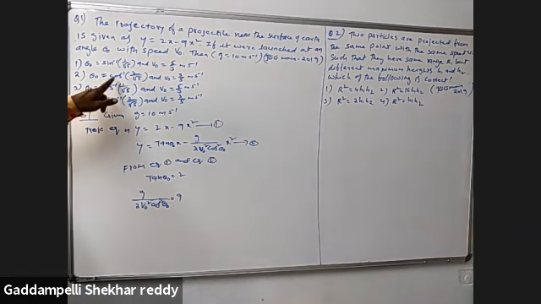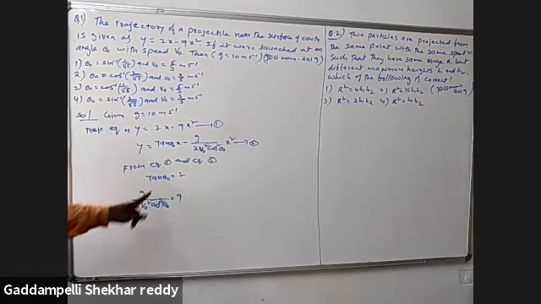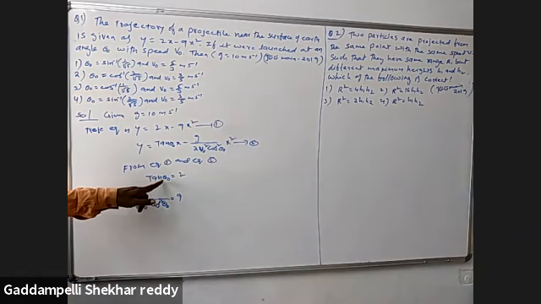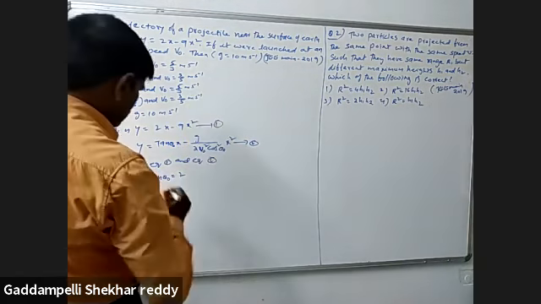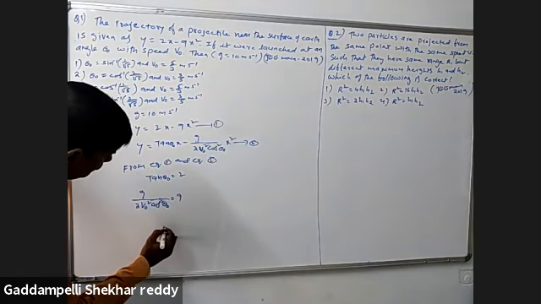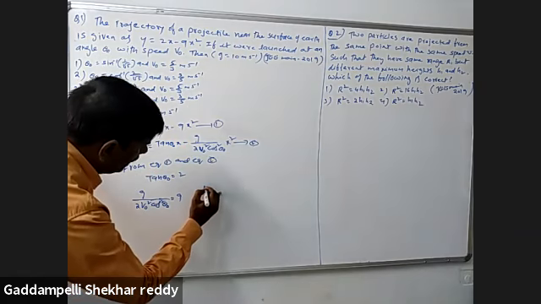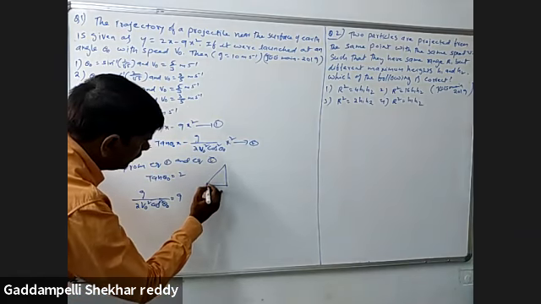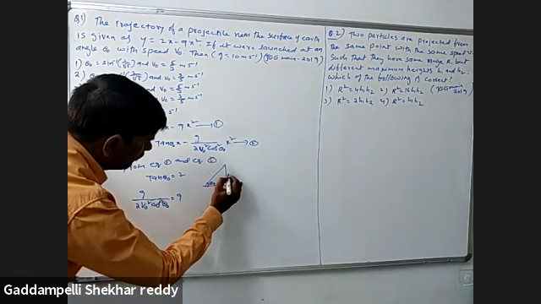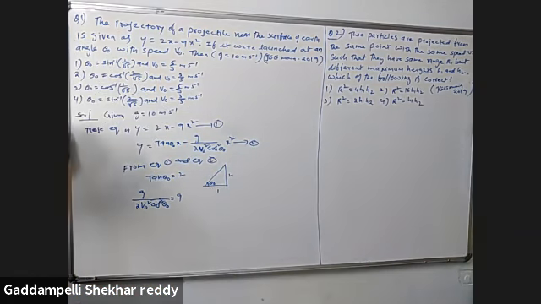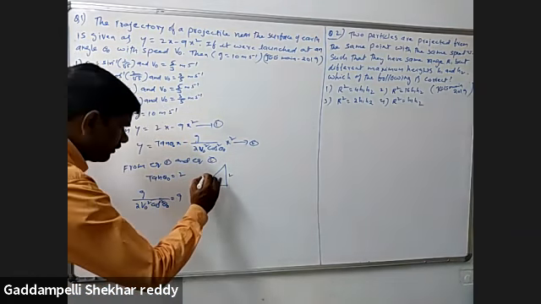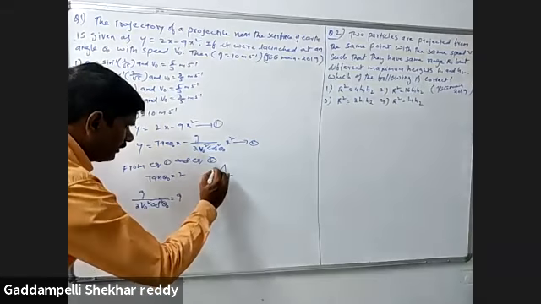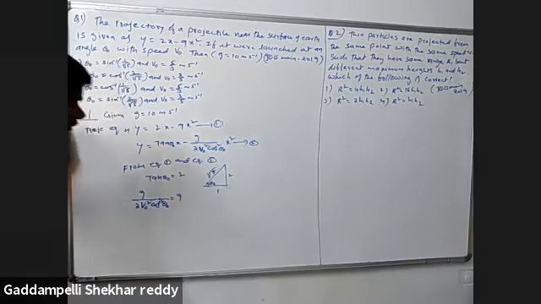Here the angle may be in terms of cos or sin. From the given relation tan theta naught, which is opposite side by adjacent side, according to Pythagoras theorem the hypotenuse will be root 5.